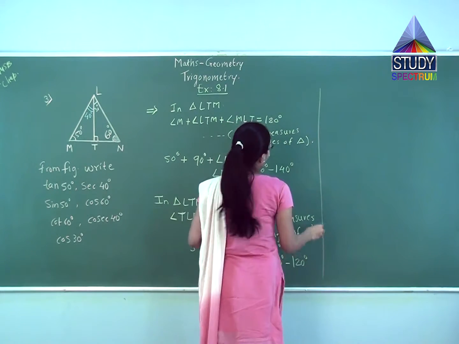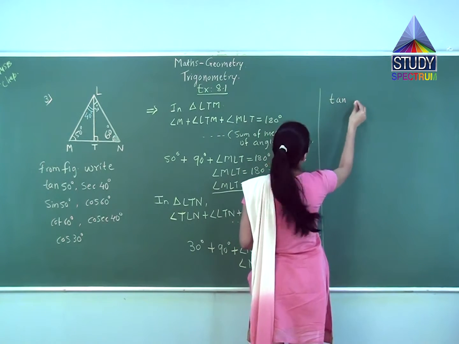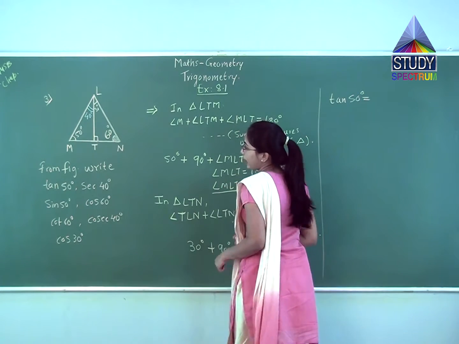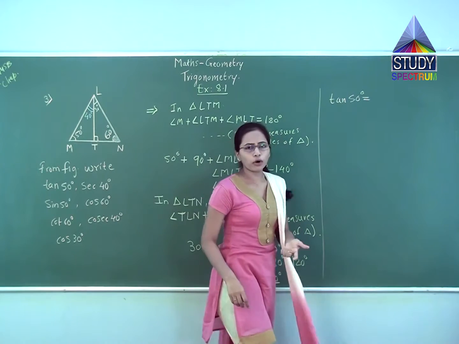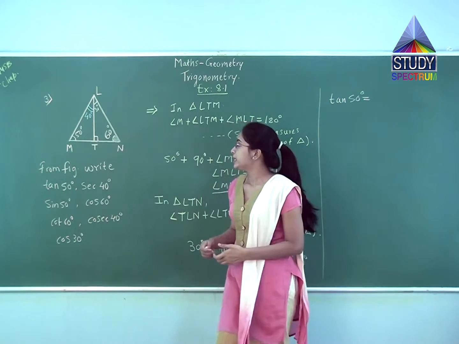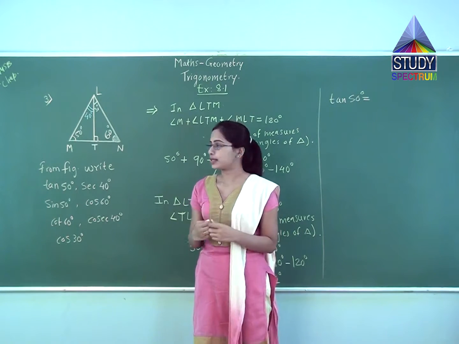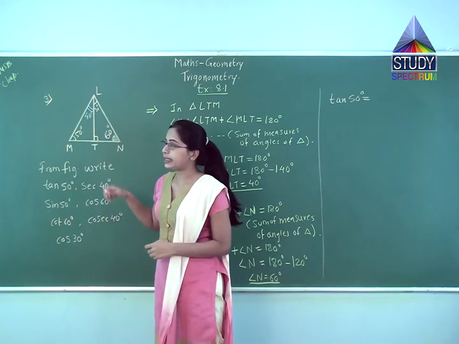First ratio asked is tan 50 degrees. Where is my angle 50? Here. So no need to write the formula, but if you want, you can. What is the formula for tan? It is opposite side upon adjacent side. So the opposite side of 50 degrees is, you can see, LT.